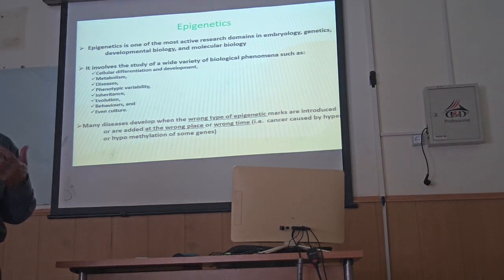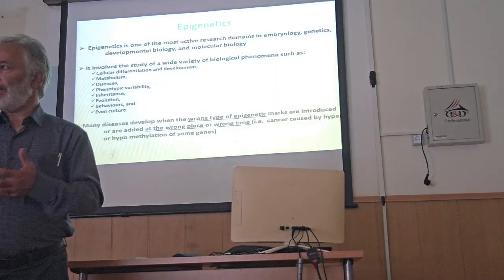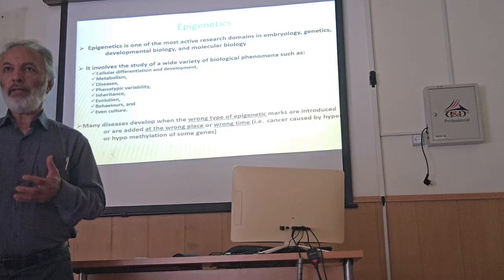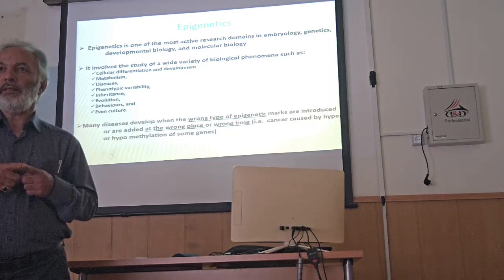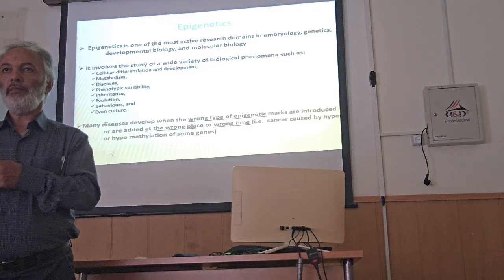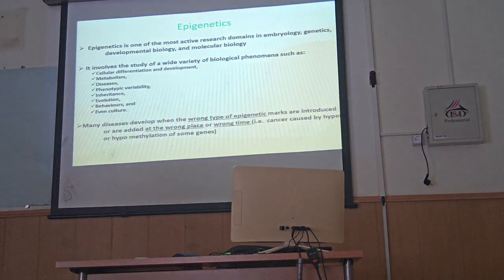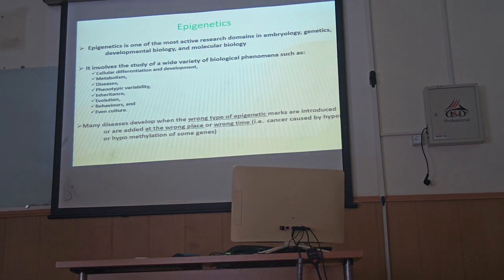If we have wrong epigenetics, it means wrong expression of genes happens in the wrong place. What does it mean? And at the wrong time. For example, methylation has occurred in excess or in less, like addition of methyl groups. What does it mean by the right place? Where it's not supposed to go.